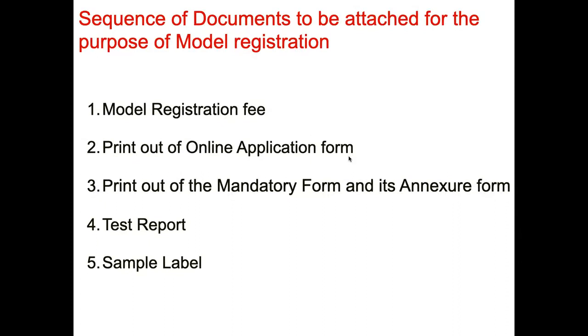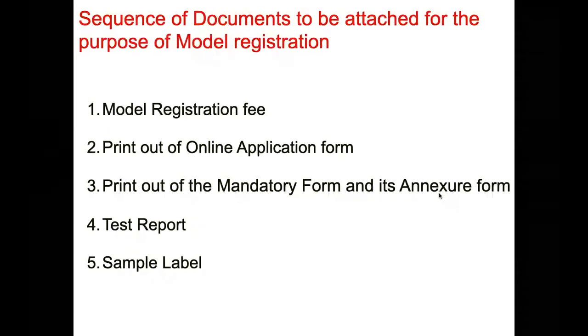And after that, print out the mandatory form and its annexure form. Wherever annexures are given in the standards, it might be two annexures, three annexures, whatever format they have given, you need to take a print out of all those. This is only for mandatory products.